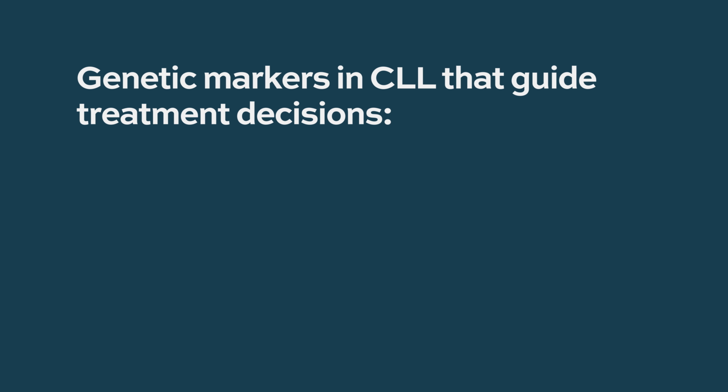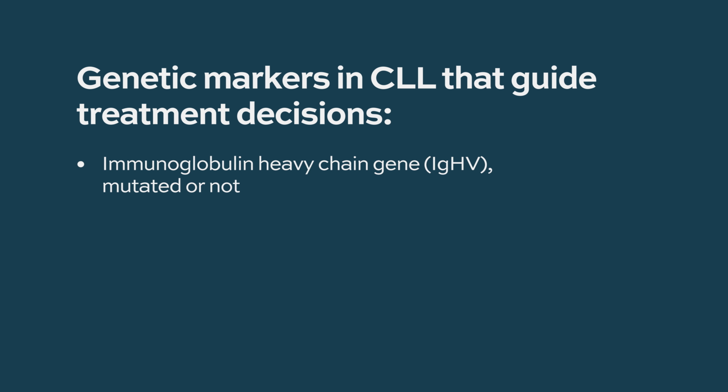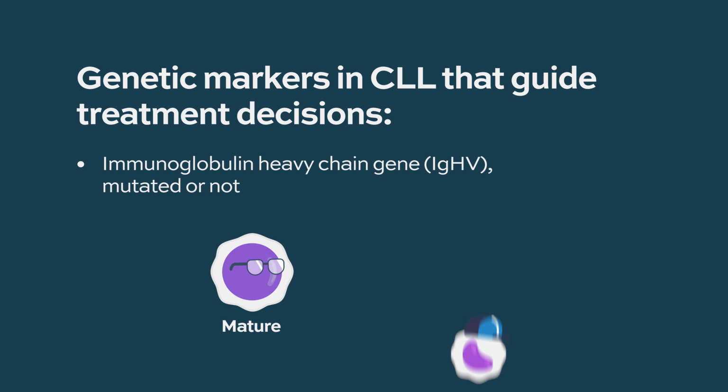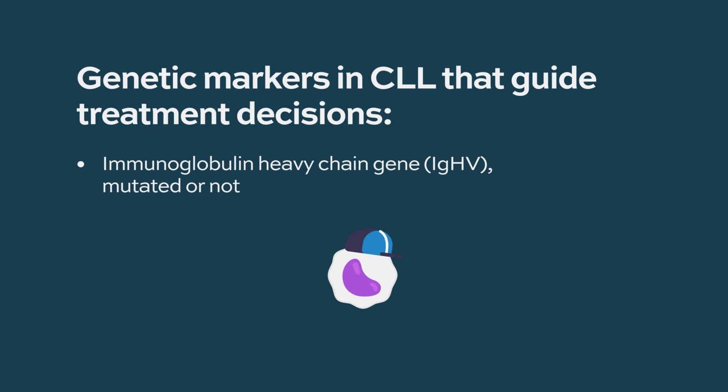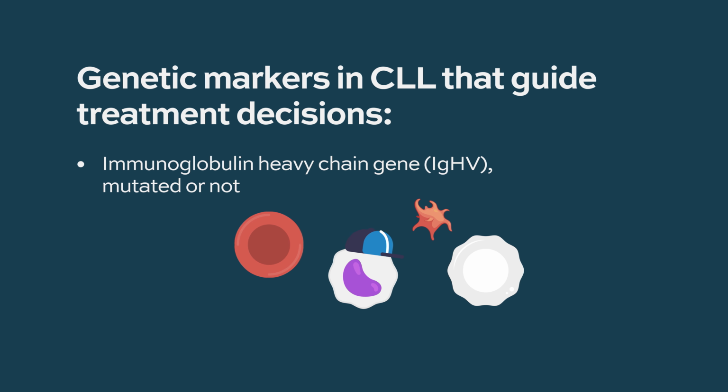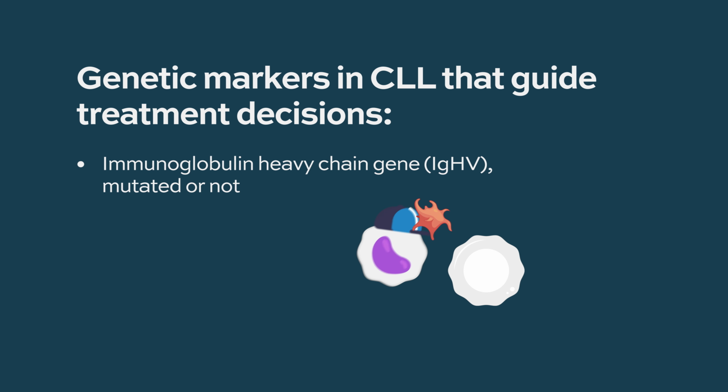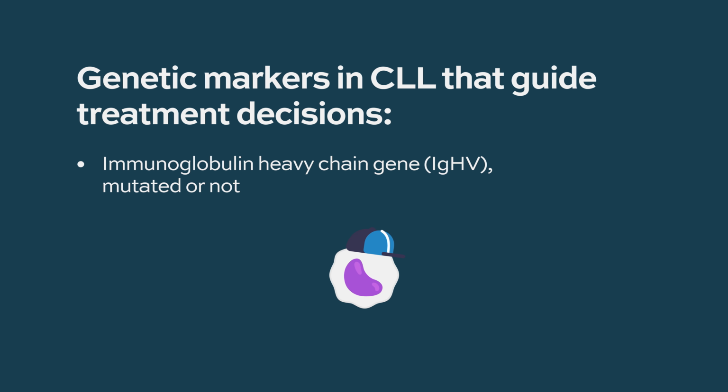One is called the immunoglobulin heavy chain gene, whether it's mutated or not. The immunoglobulin heavy chain gene is a way that we know how mature or immature the cell is. And the idea is if it's a very immature cell, it tends to be a more aggressive disease. So we use that to guide us on what to expect from therapy.